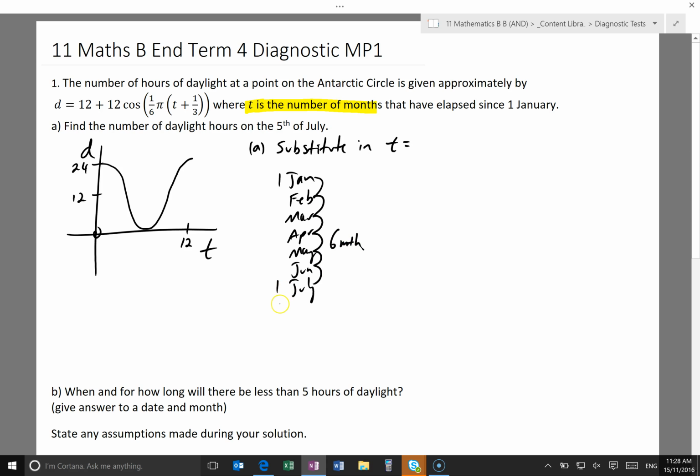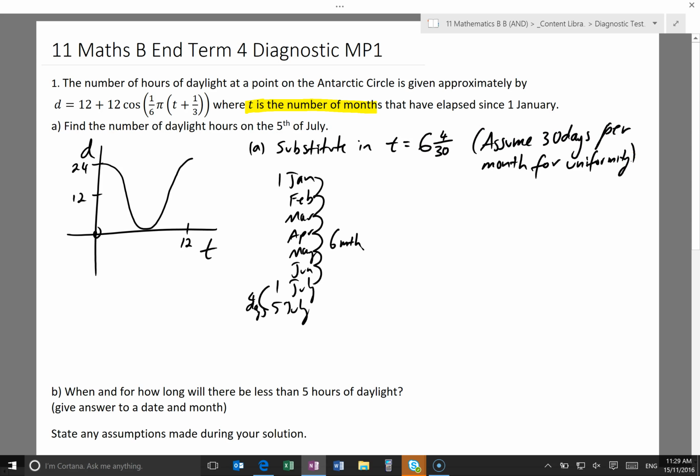And I need to get to the 5th of July. So that's 4 days. So the time I'm going to substitute into the equation is going to be 6 months and 4/30ths of a month. Okay, I'm going to assume 30 days per month.